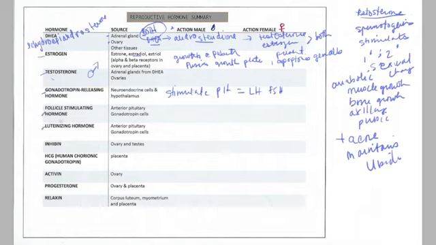So we go into FSH, and for the male side, what does FSH do? We are going to work on the Sertoli cells, and we're going to get spermatogenesis.